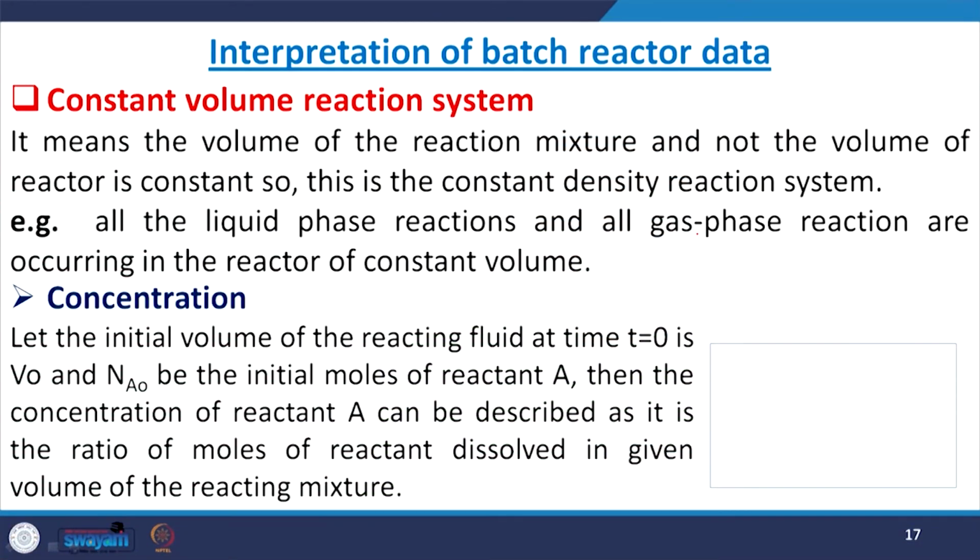Now let's have a brief look at the concentration aspect in this kind of reaction system. Let the initial volume of the reacting fluid at time t naught equal to 0 be represented as V naught, and the initial number of moles be Na naught. Then the concentration of reactant A is the ratio of moles of reactant dissolved in a given volume of the reacting mixture.